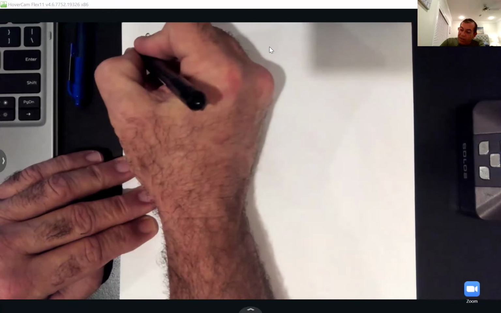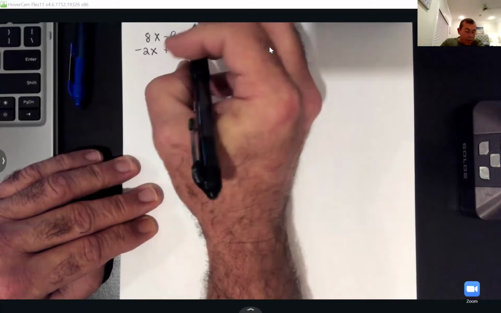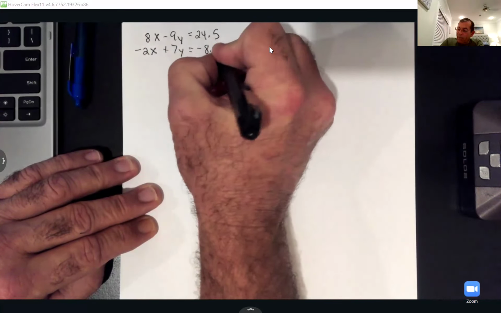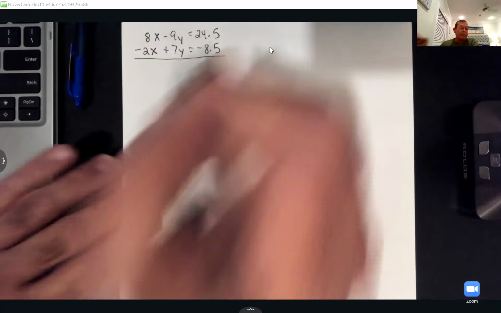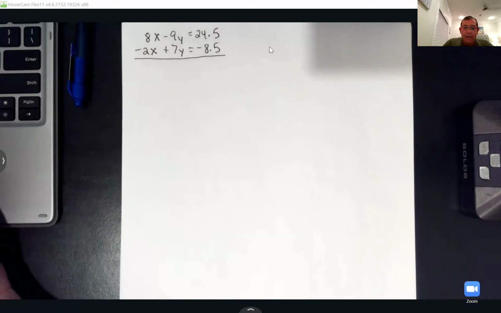Once we arranged it, we had negative 2x plus 7y equals negative 8.5. Let me show y'all how to do these on the calculator, especially when we have these systems of 3 variables coming up. So I'm going to share my calculator.